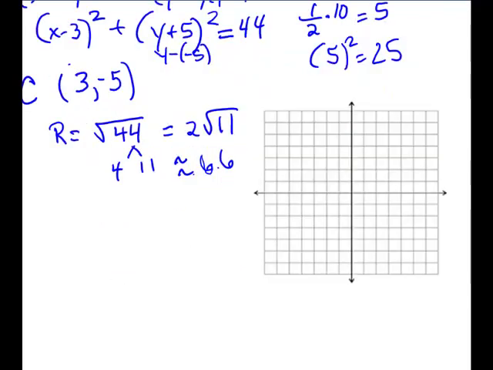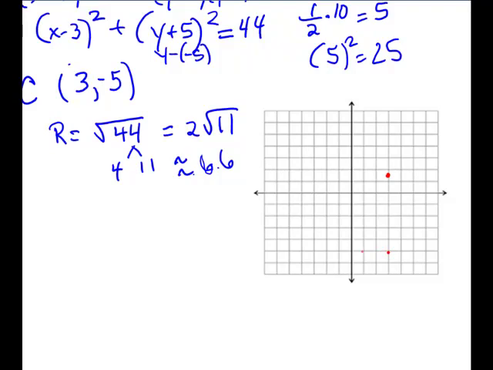This circle is not going to be really good because we're going to go off my grid, but we'll try it. So if we have 3, -5, 1, 2, 3, 4, 5. This is the center. And we estimated to 6.6. So we're going up 1, 2, 3, 4, 5, 6, and probably about right here.